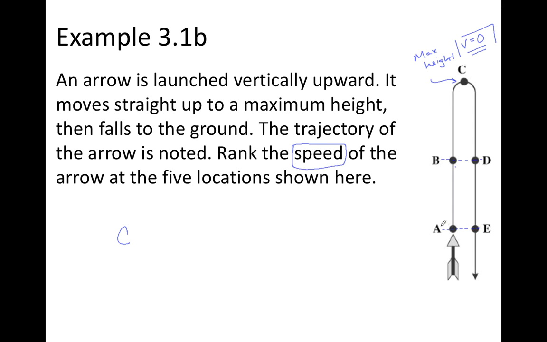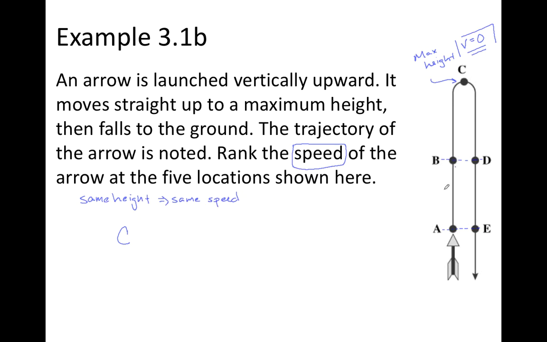Now, what about comparing points A and E? Well, A and E are at the same height. Now, for objects in free fall, if they have the same height, then they're going to have the same speed. Objects in free fall at the same height have the same speed.